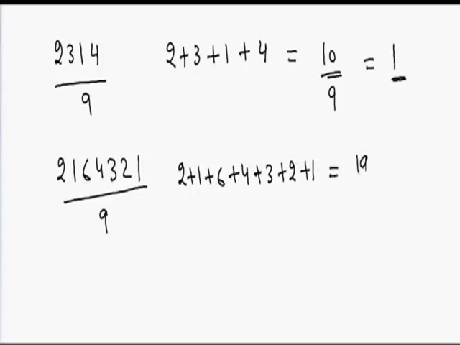So we have 19 divided by 9. If you divide 19 by 9, I'll get a remainder of 1. So again, if you divide this number by 9, your remainder will be 1. Another thing you can also do is add 9 plus 1, that will give you 10, and then add 1 plus 0, that will give you 1. So your remainder will be 1.